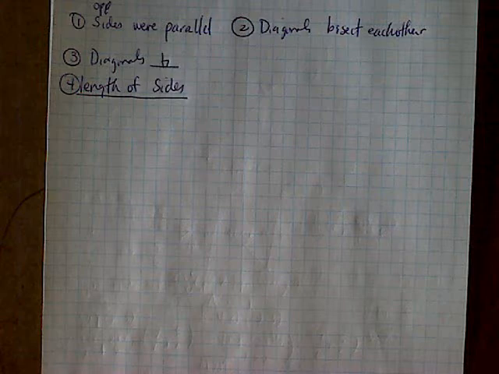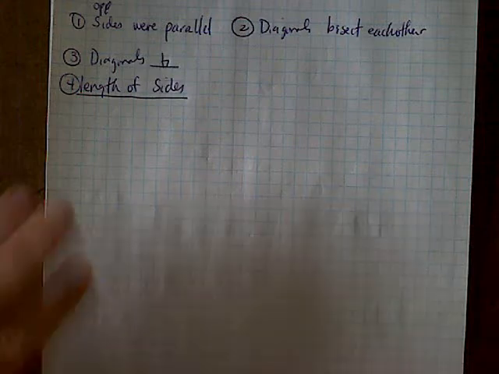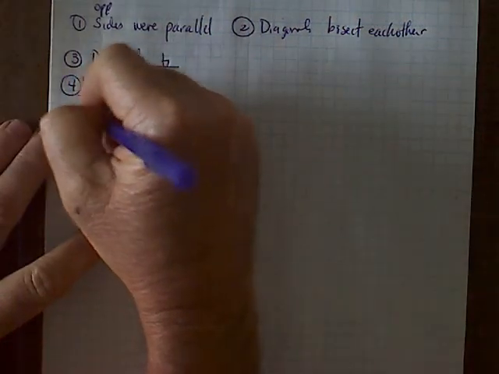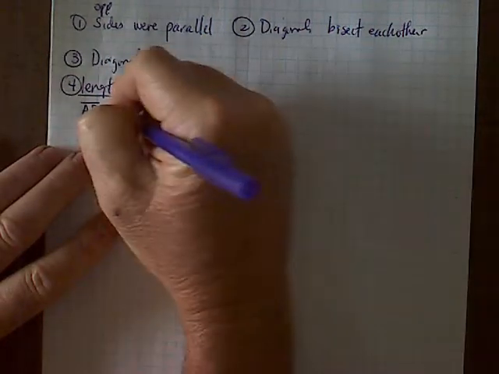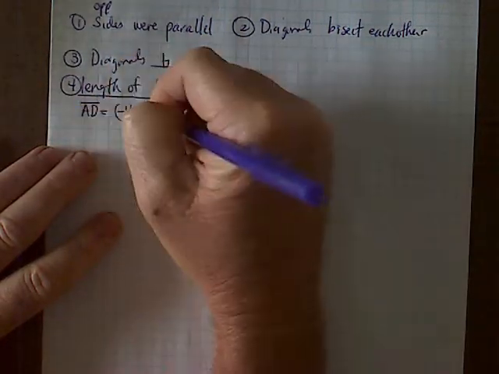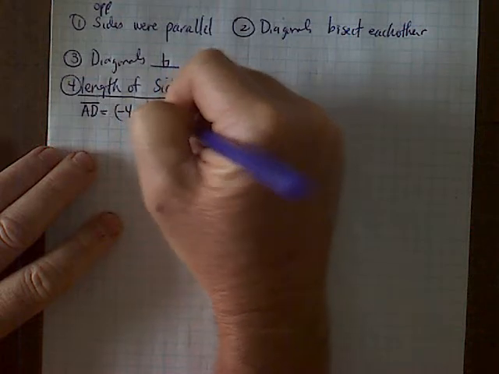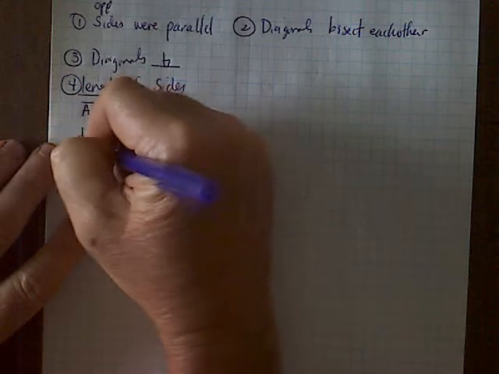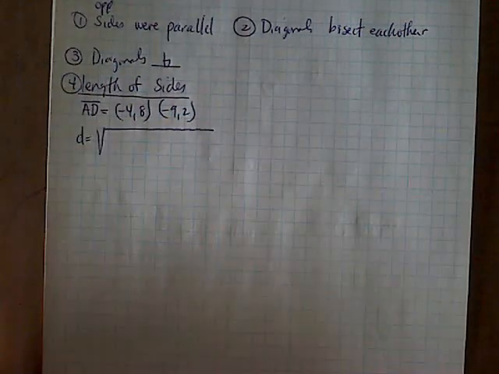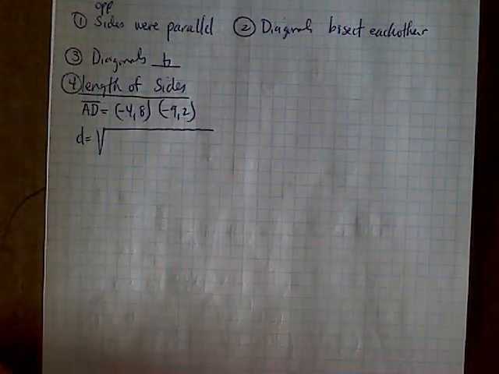So we need to first find the length of side AD. If you look back at your picture, point A was -4, 8, and point D was -9, 2. We'll use the distance formula on that. We don't need to get a decimal for it. We just need to know what this number is.